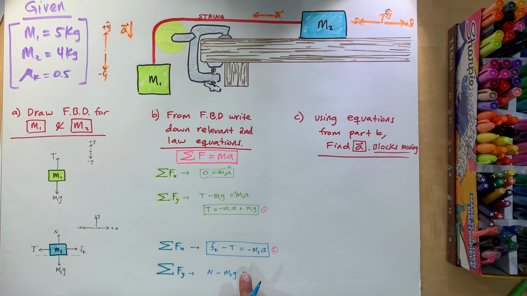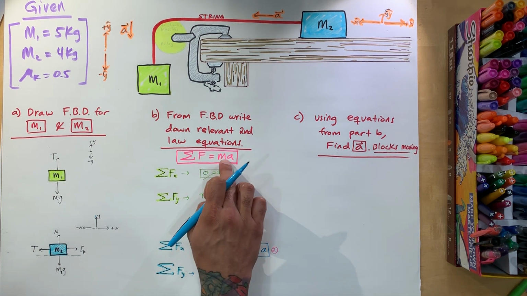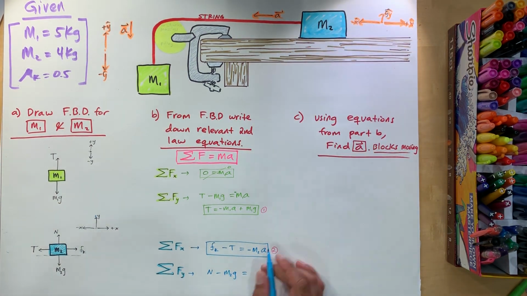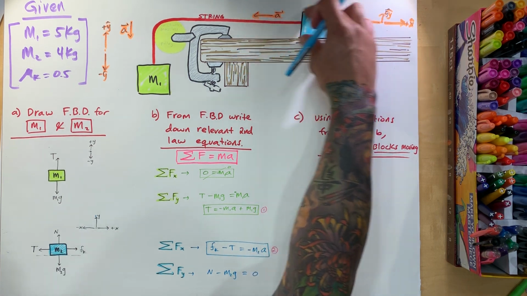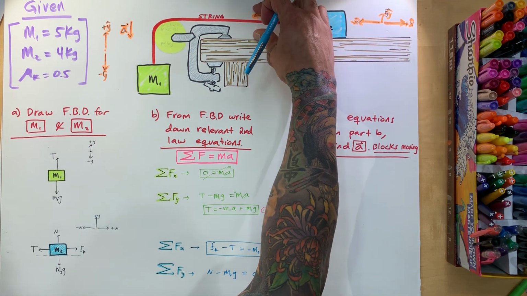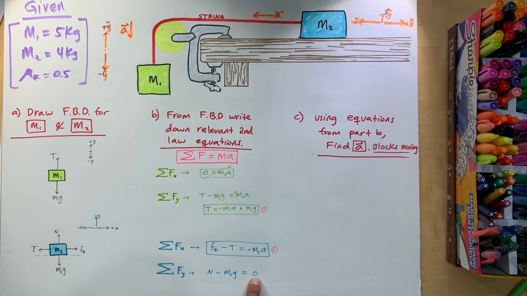So this is the force being applied to this box up and down in the y direction. But now when we have ma, so that's the force equal to ma, there's no acceleration in the up and down direction. So we're gonna say that's 0, right? Because making it 0 is the reason why this box only slides to the left or right. It doesn't jump up and down as it slides. So it slides perfectly on the table, and that's because we're at equilibrium in the y. These two right here are balancing each other out. Let's move this to the right, and we can see clearly that the normal force is equal to m2 times g.